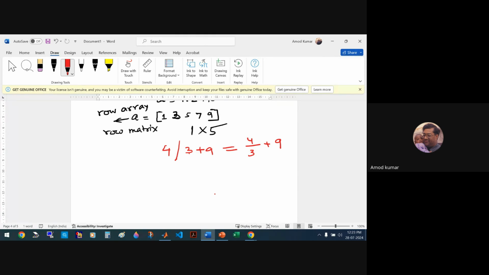And the hierarchy for division is higher than the hierarchy of addition. So this particular expression, if you write, will be evaluated as 4 by 3, that means 1.33, plus 9. So answer will be 10.33. I'll show you.